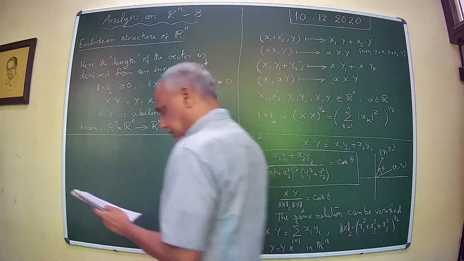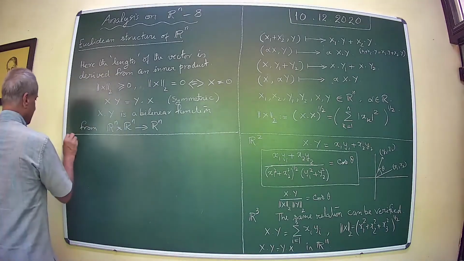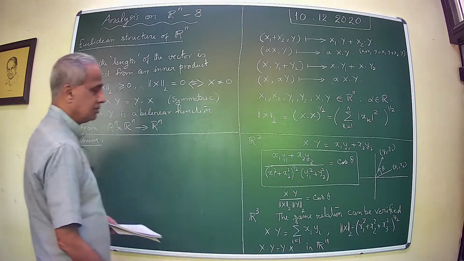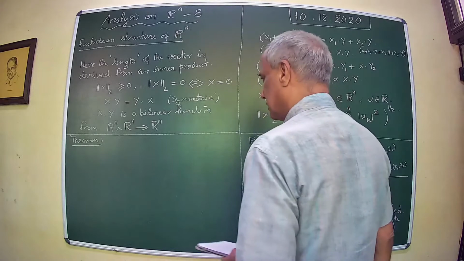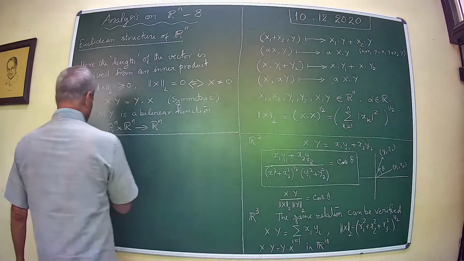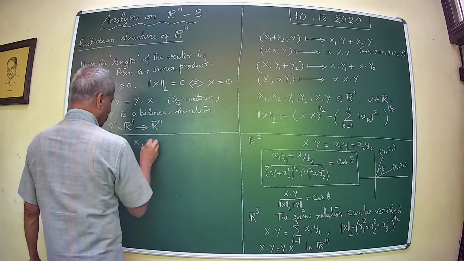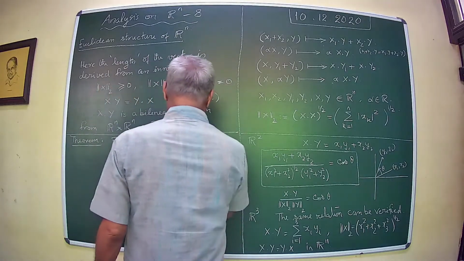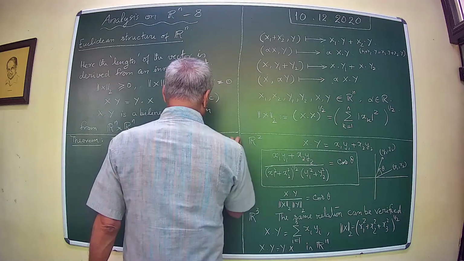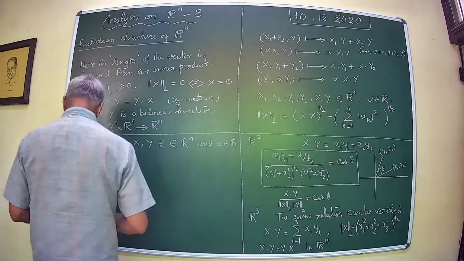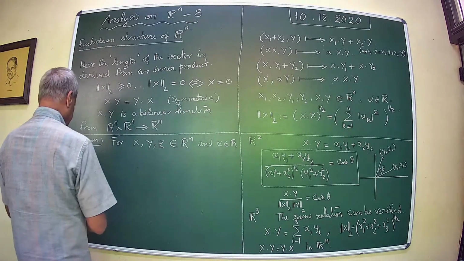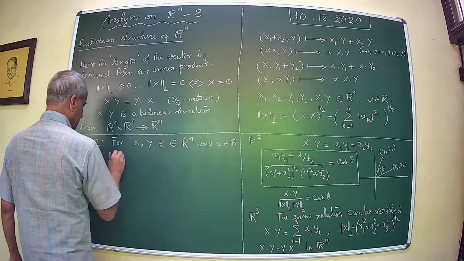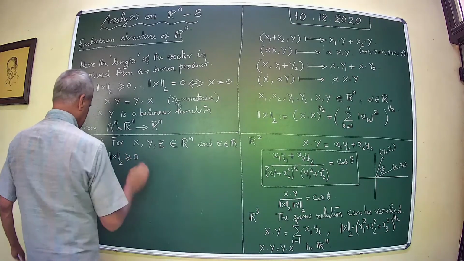Now let us put some of these results in the form of a theorem. I leave it to you to prove these results. For x, y, z in R^n, and alpha belonging to R, we have the following properties. The first property is that it is equal to 0.